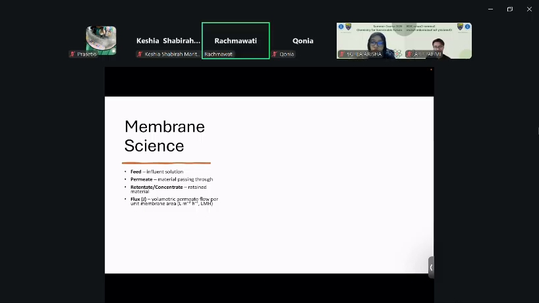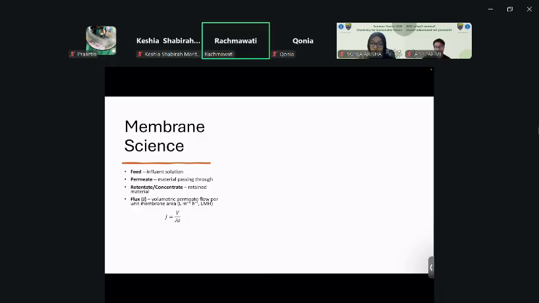And then there's also the term flux. It's the volumetric permeate flow per unit membrane area, in liters per square meter per hour, so LMH. And this is the formula.